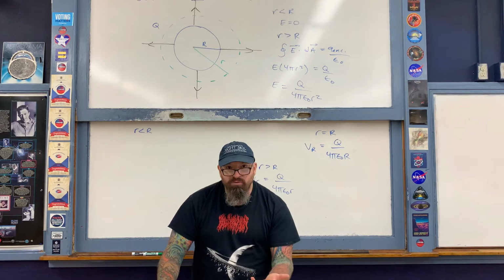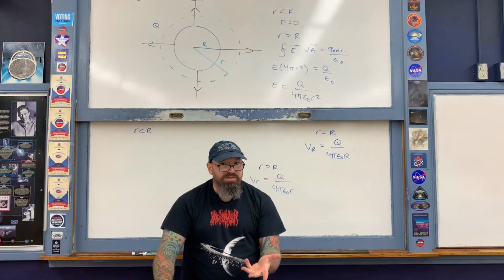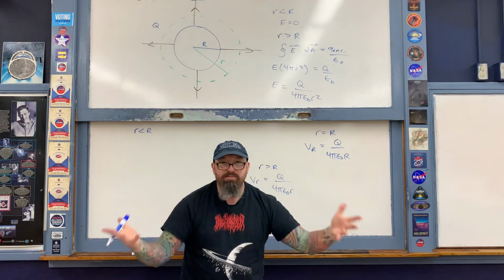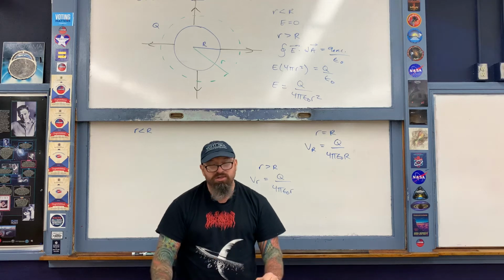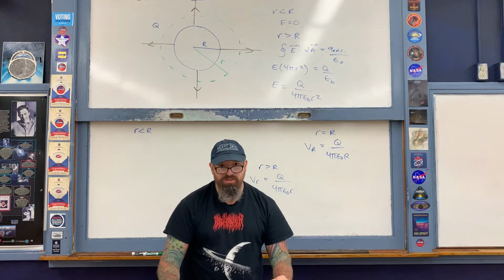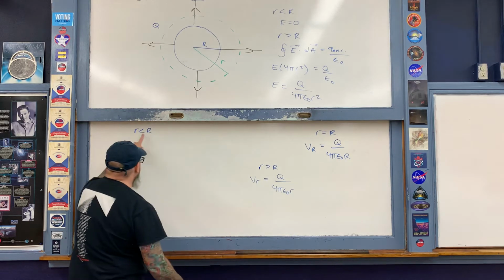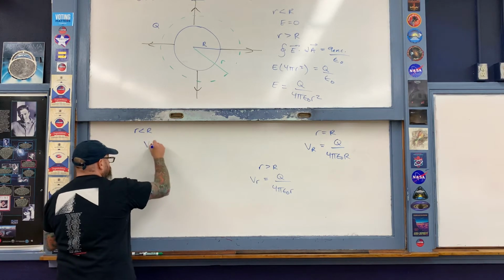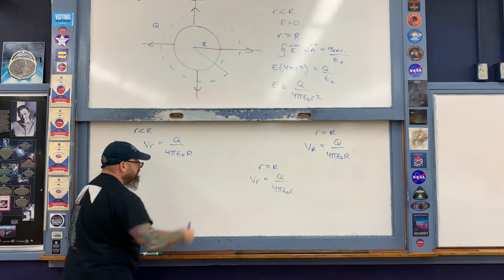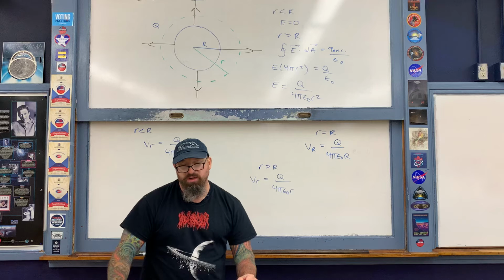Once again, the reason for this is because the net electric field is equal to 0. It's as if all the charges that may be there are all at the same height. The entire surface of the sphere and the volume of its interior is an equipotential surface. So for small r less than capital R, the potential is once again this value, the potential at the surface of the sphere.